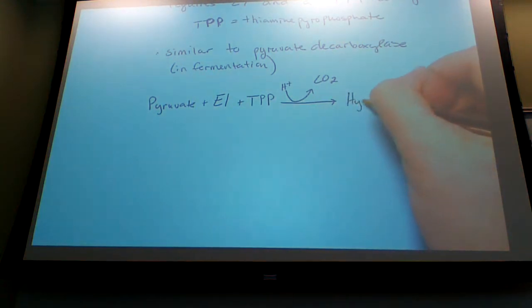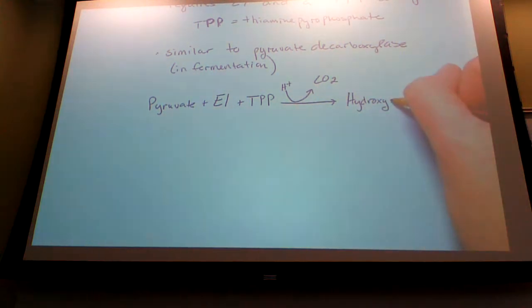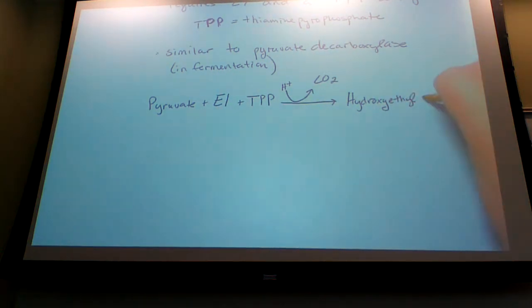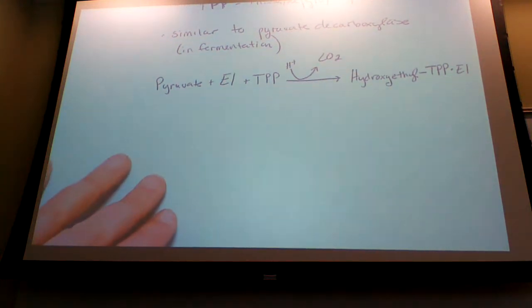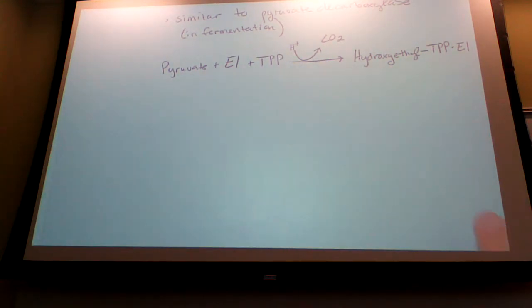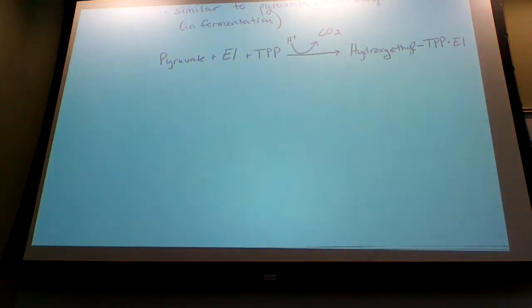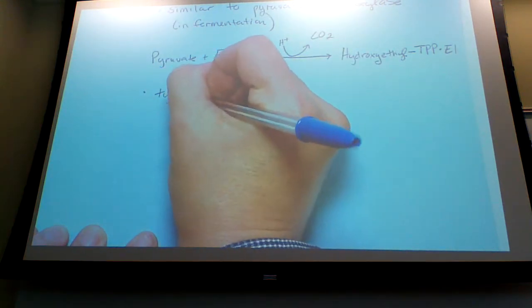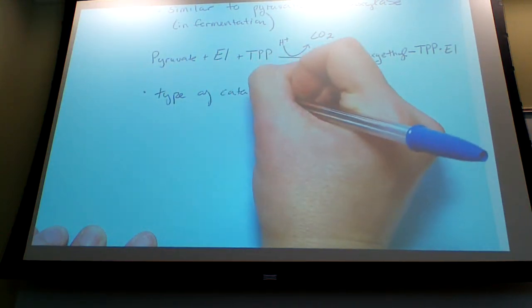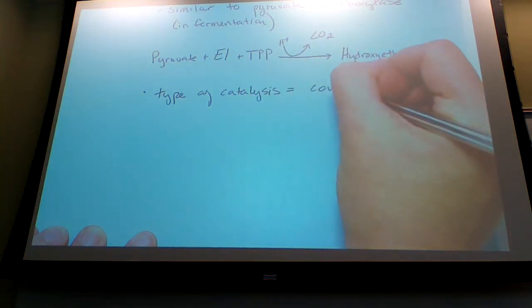And now we have a hydroxyethyl that is bound to TPP, which is bound by E1. So my type of catalysis, the one on here is again what? Proton and covalent.